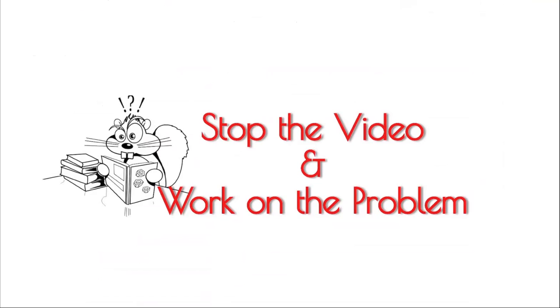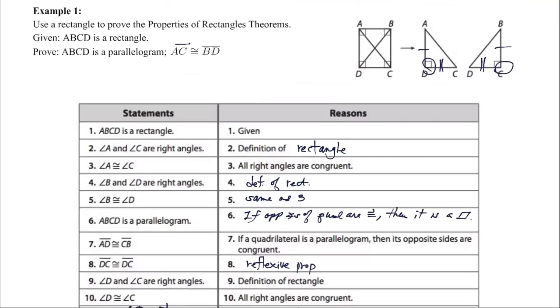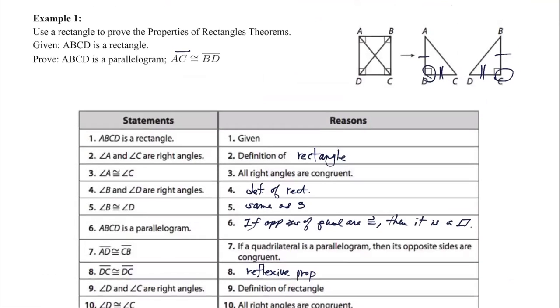All right, guys, we're back, and here it is. We know that ABCD is a rectangle, meaning we have four right angles, and that also means it's a parallelogram. Our job is to show that it's a parallelogram. We could separate this into triangles ADC and BCD like this.